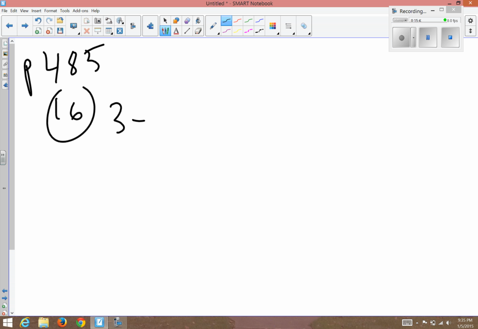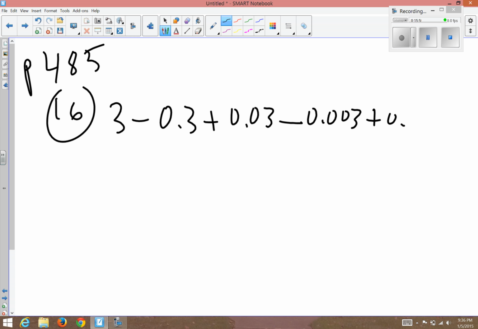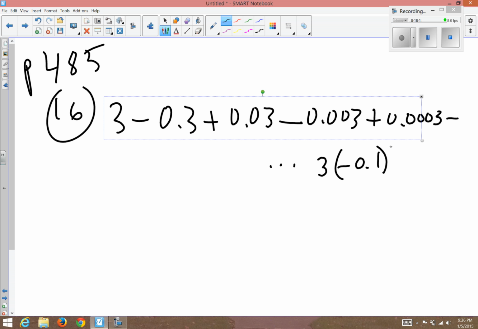We have 3 minus 0.3 plus 0.03 minus 0.003 plus 0.0003 minus, the terms, notice, are alternating sign, positive, negative, positive, negative, positive, negative, dot, dot, dot, 3 times negative 0.1 to the n plus dot, dot, dot.